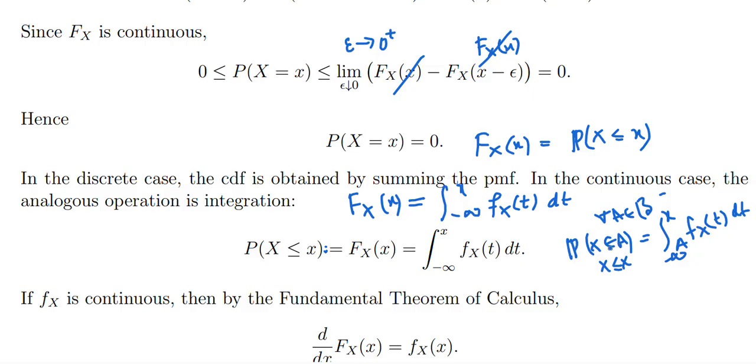So it's saying we get Fx of x equals the integral from minus infinity to x. So we are getting the CDF by summing all of the t's from minus infinity to x. If this is the case, then we say this is a PDF.